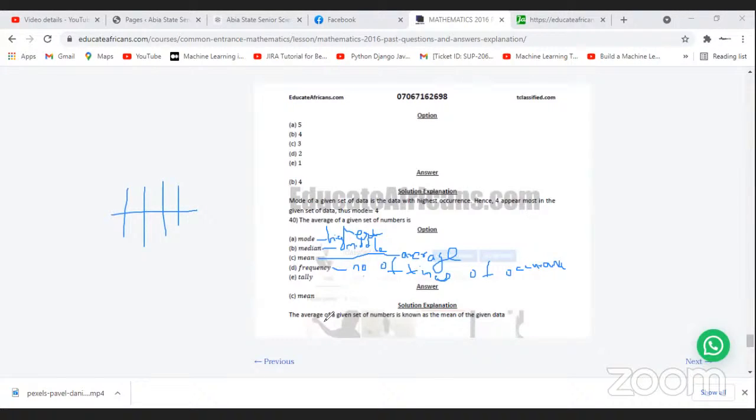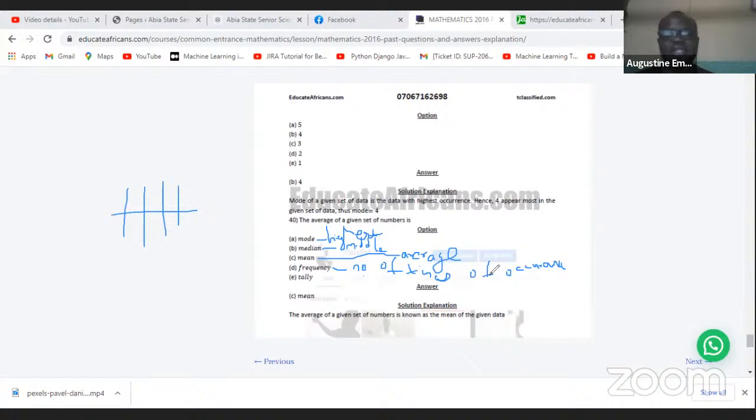What did you say the frequency is? Okay, frequency is the number of times a given number is occurring. Like when we were calculating the mode, we said that 4 occurred 3 times, so the frequency of 4 is 3. We said that 3 occurred 2 times, so the frequency of 3 is 2. So the number of times something is occurring is the frequency.